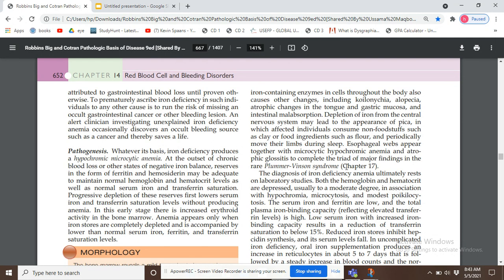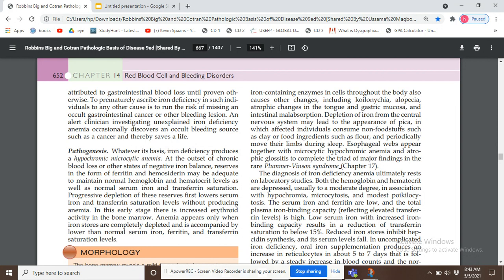So the features which are specific to iron deficiency anemia are koilonychia, alopecia, atrophic glossitis, angular cheilosis, atrophy of the gastric mucosa, and pica. Iron deficiency anemia is also associated with Plummer-Vinson syndrome, or Paterson-Brown-Kelly syndrome, characterized by a triad of dysphagia, iron deficiency anemia, which is microcytic hypochromic anemia, and esophageal webs.